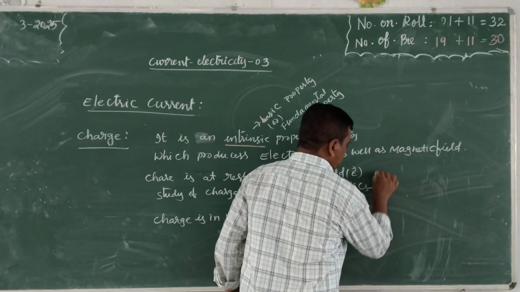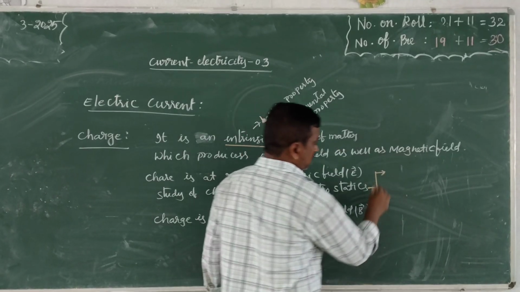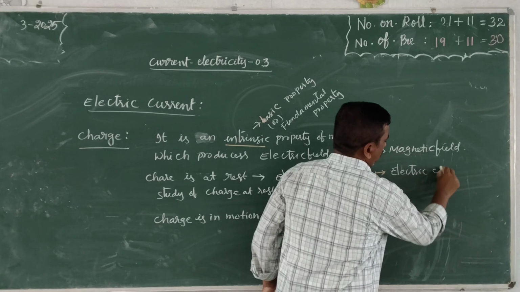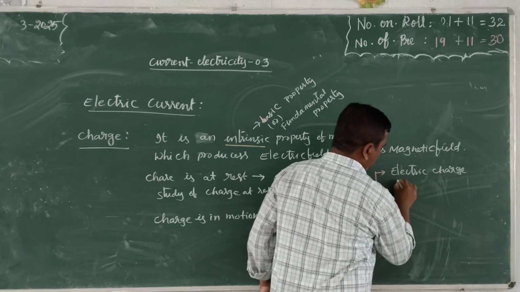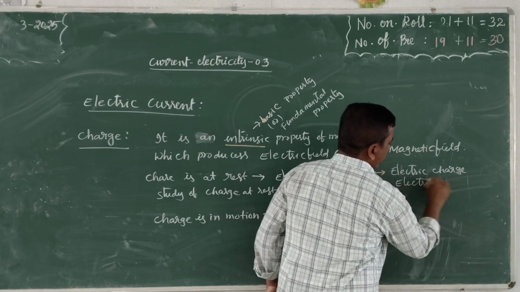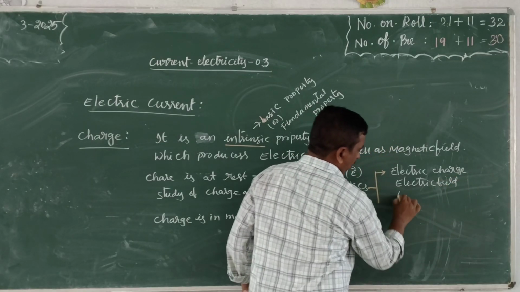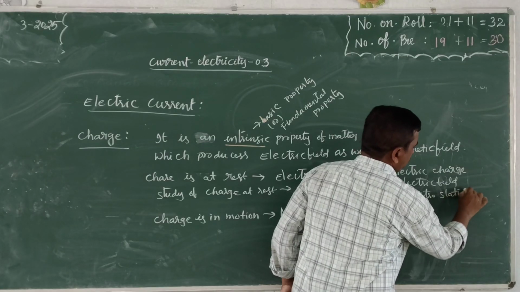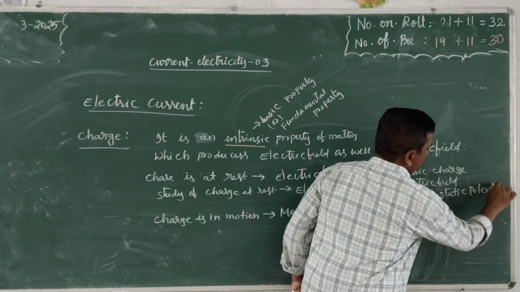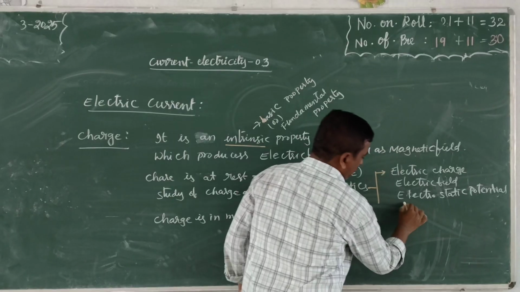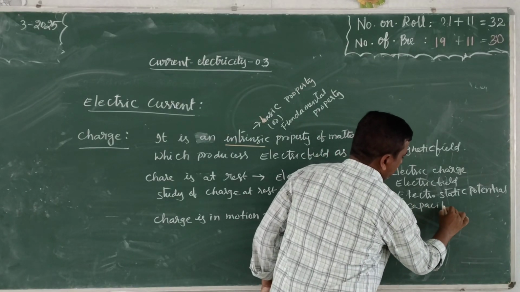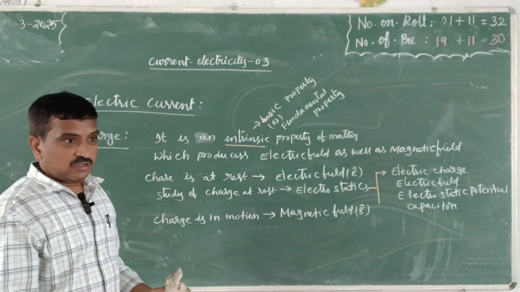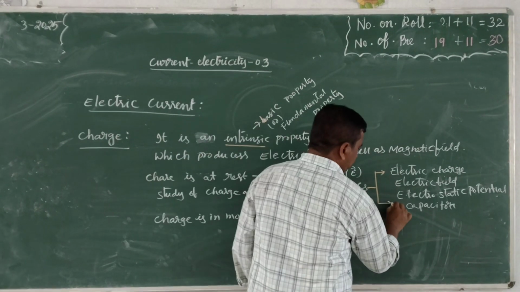In electrostatics we discuss different parts: electric charges, electric fields, electrostatic potential, capacitors, and series and parallel connection of capacitors. This all we discuss. Already we completed these two lessons.